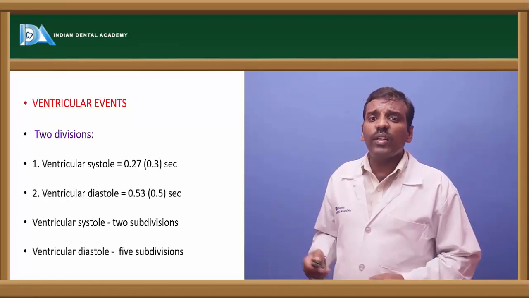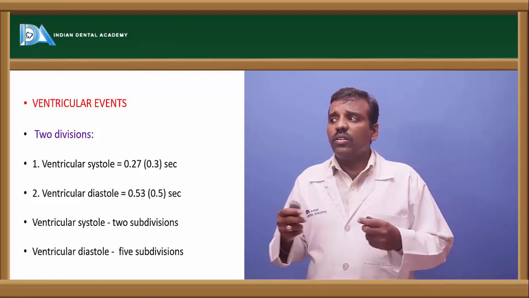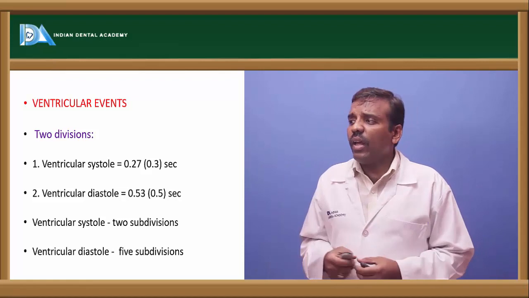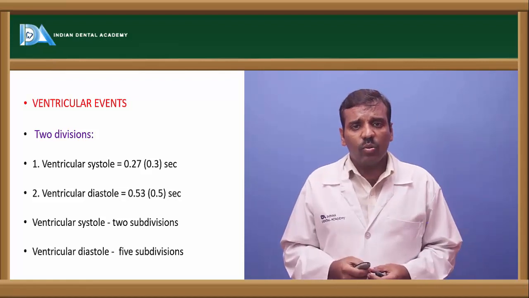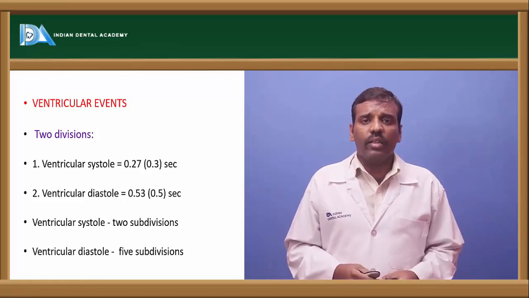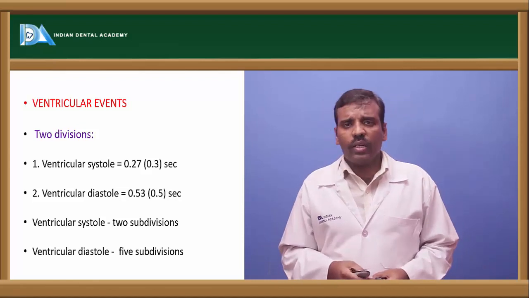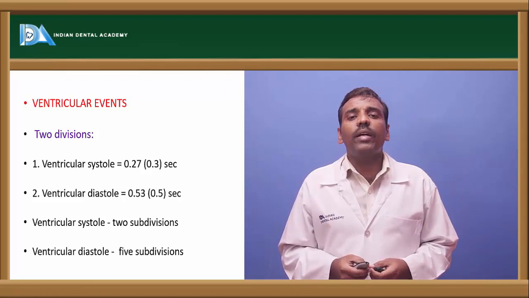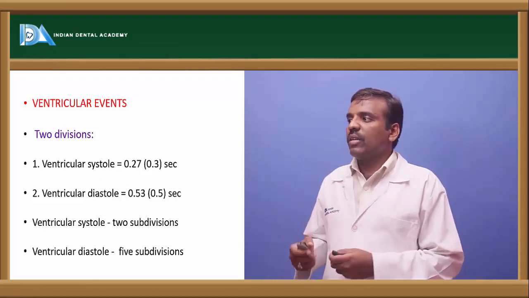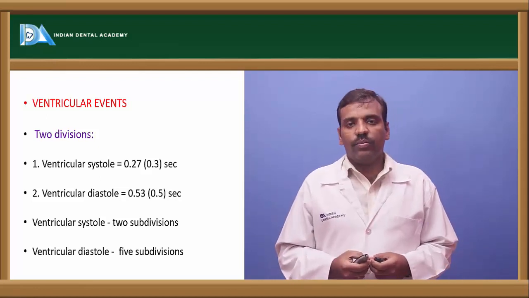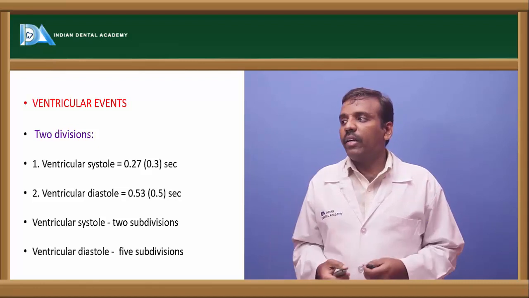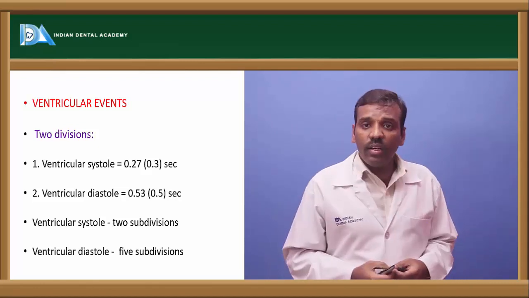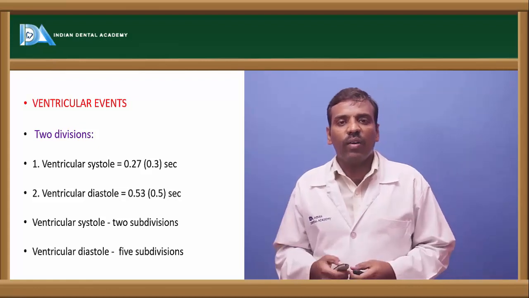If you see these ventricular events, there are the ventricular systole and the ventricular diastole. Two events again in the ventricle also. For the ventricular systole, it takes 0.27 seconds, which is nothing but 0.3 seconds. And ventricular diastole takes 0.53 seconds, which is nothing but 0.5 seconds.